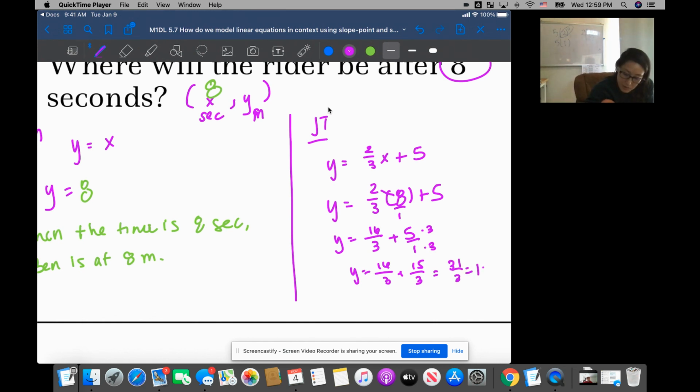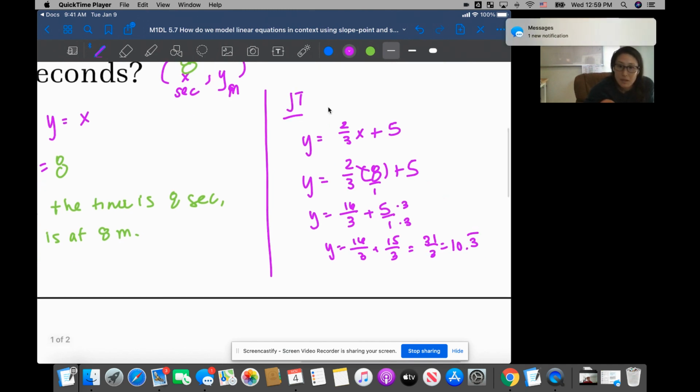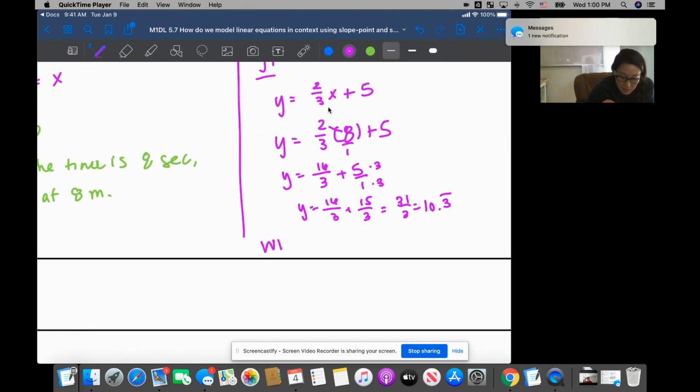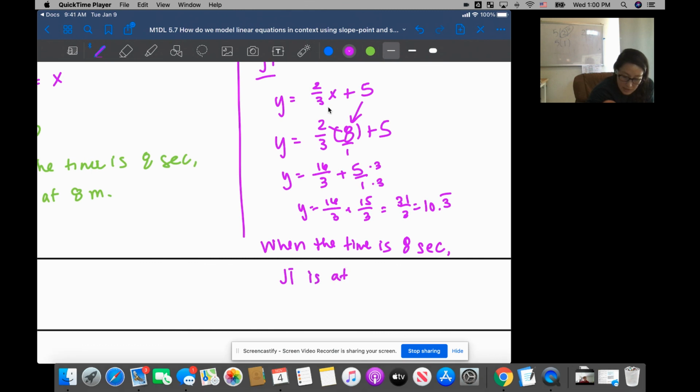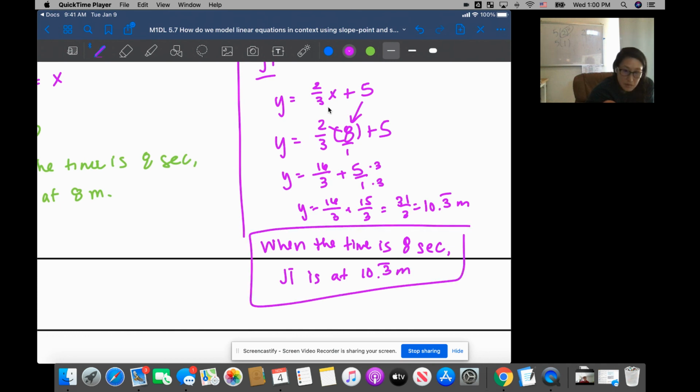which is 10.3 bar. So when the time is, no, when the time is 8 seconds, sorry, because that's what we substituted in, 8 seconds, JT is at 10.3 bar meters.